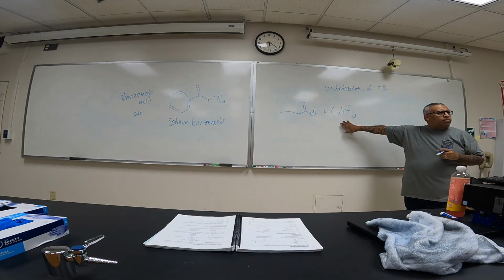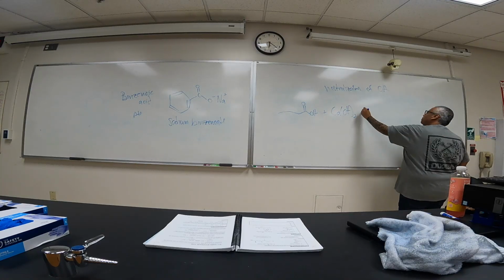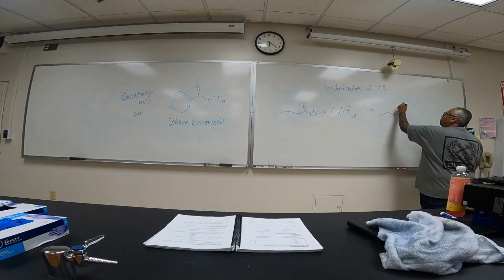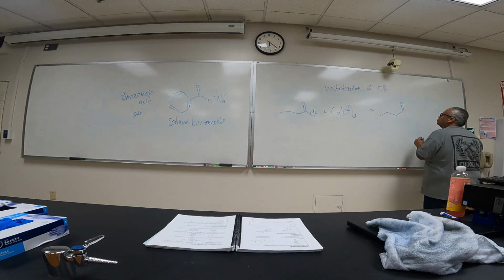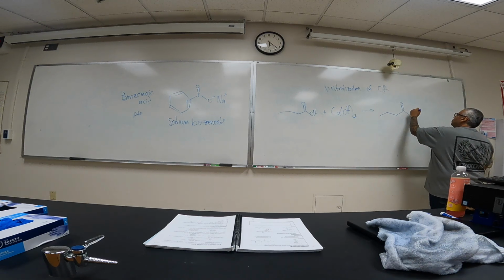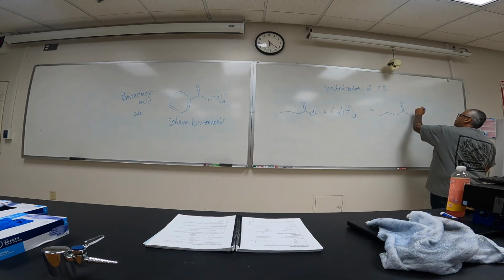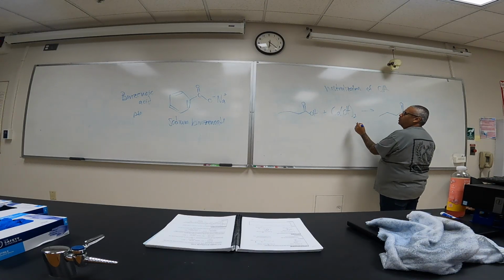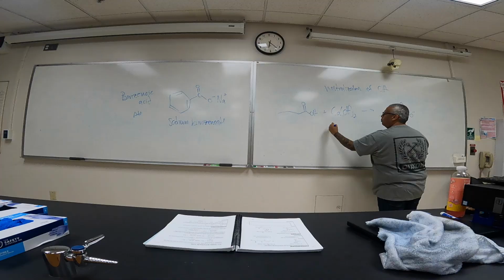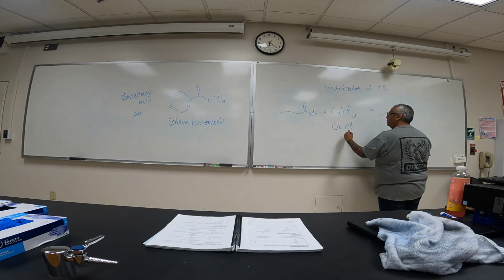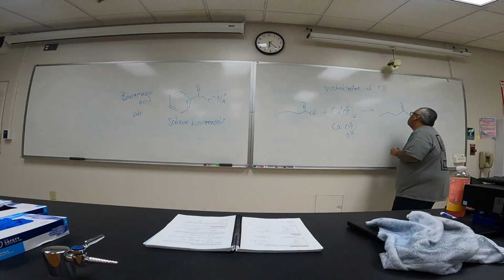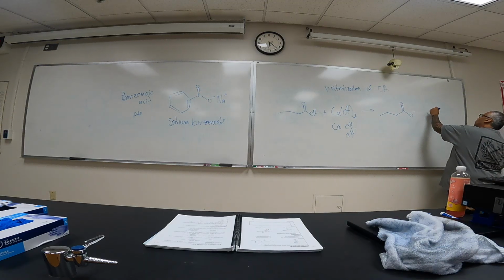So still a base, acid base. This is 1 minus, right? There's 2 of them here. So when we split this apart, we're going to get this, and that's going to form 2 waters.